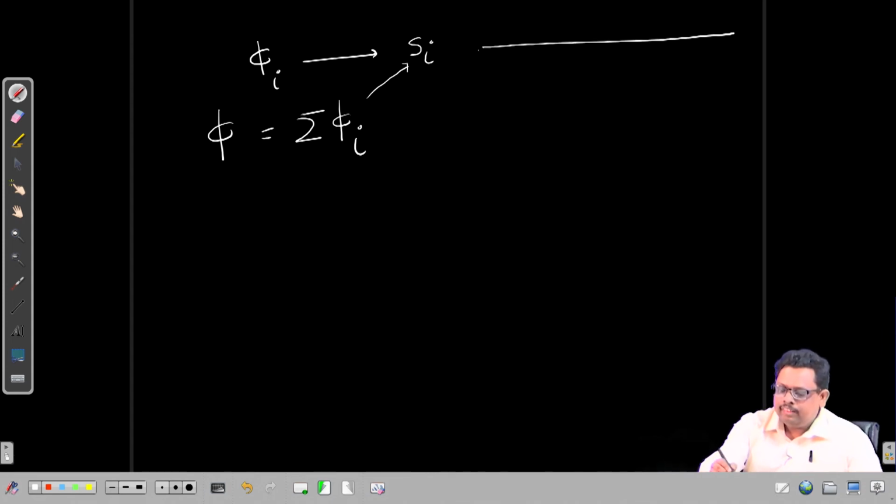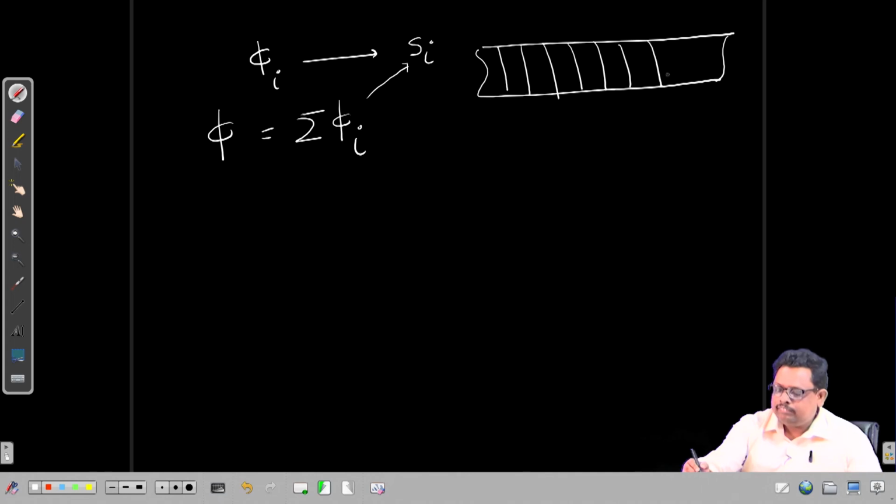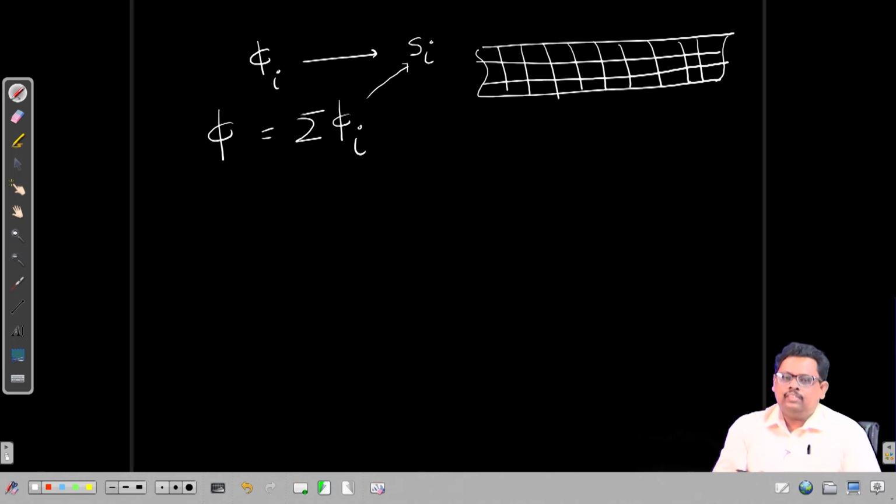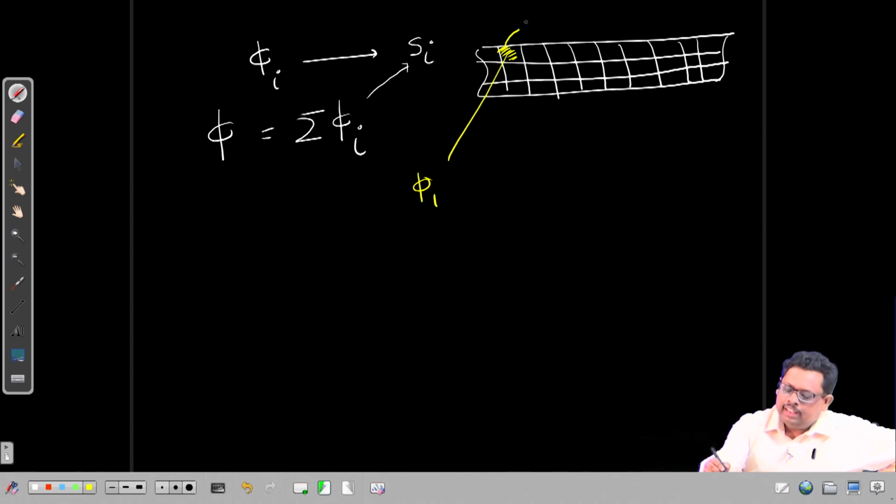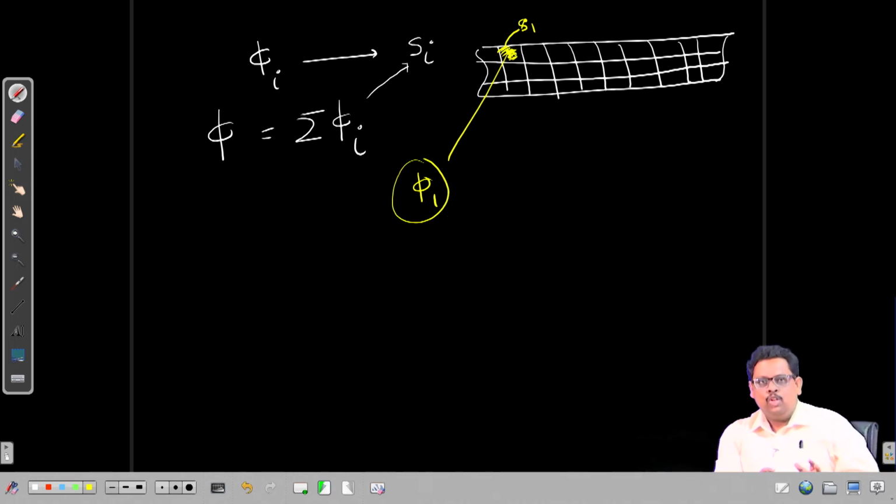Very simple. This is my ship. Now, I just do this for the 2 dimensional, like you understand. This is the patch, just do the profile view, let us say. So, this value of phi 1 is only associated with the area S 1. Over this area, this phi 1 is constant. You understand this, right.